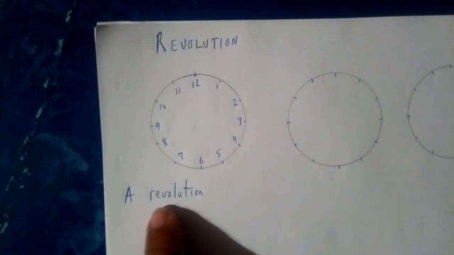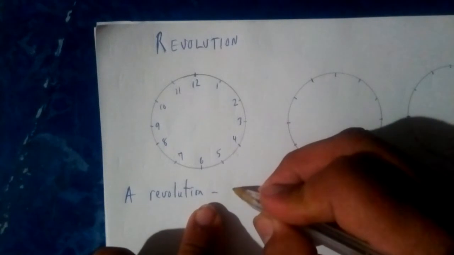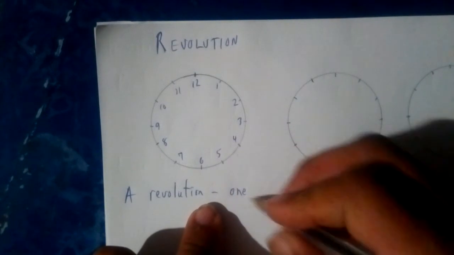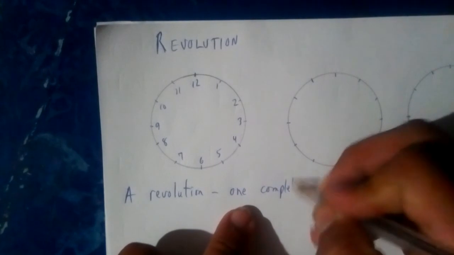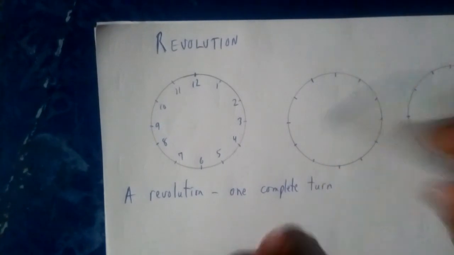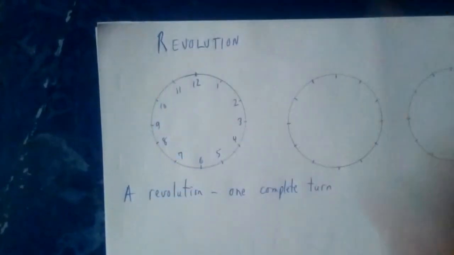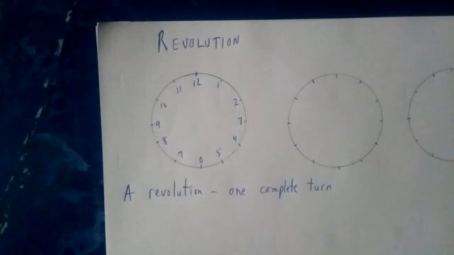So a revolution is one complete turn. If this is the needle, it goes all the way around and comes back. That's a revolution.